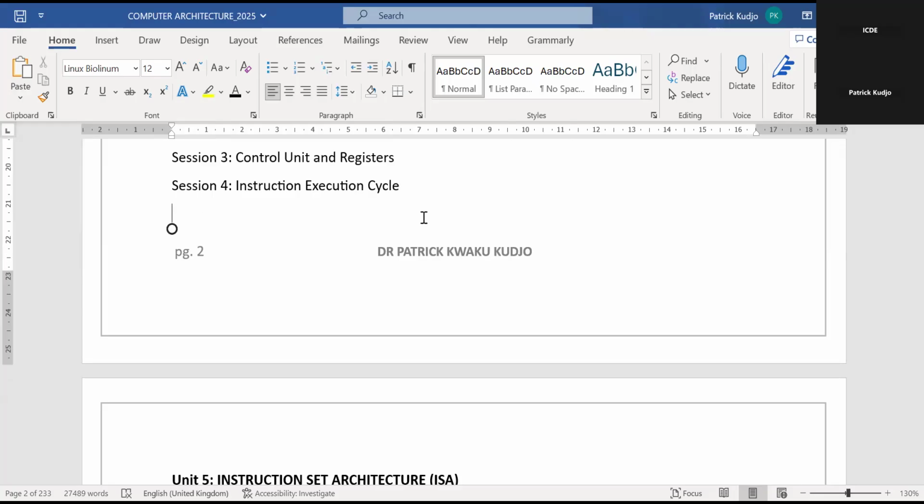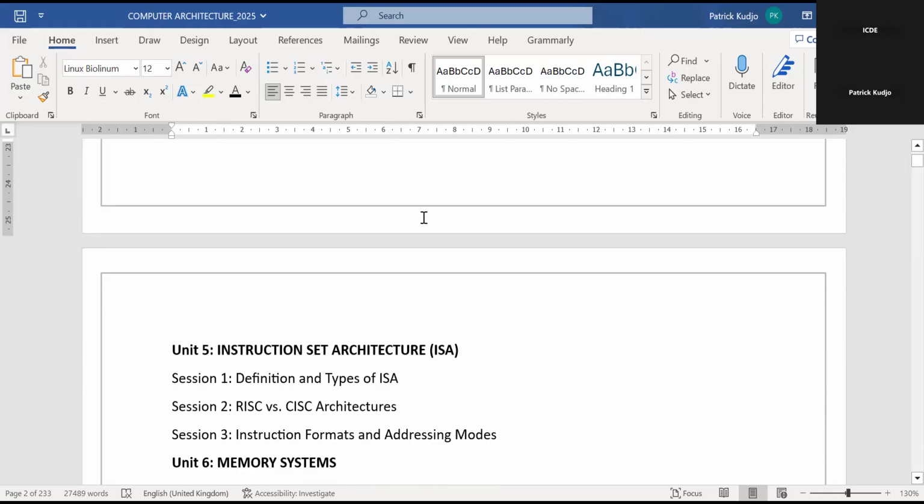When it comes to the instruction cycle, we are looking at 4 main stages, which are fetch, decode, execute, and then store. That will be discussed as well.